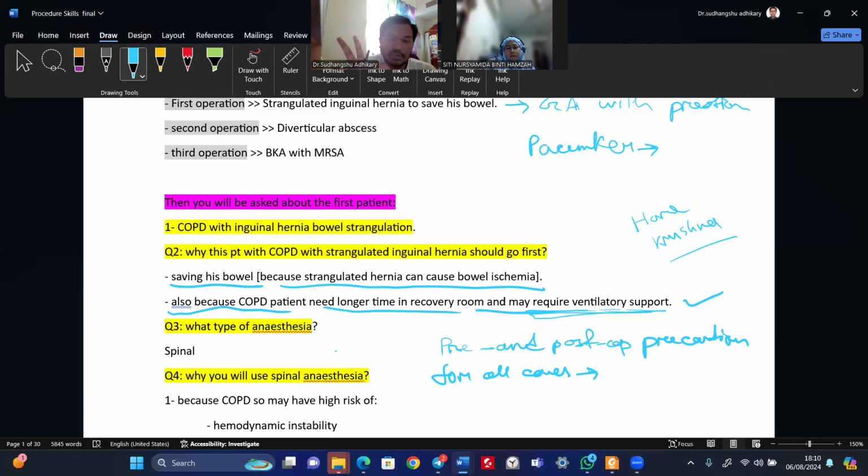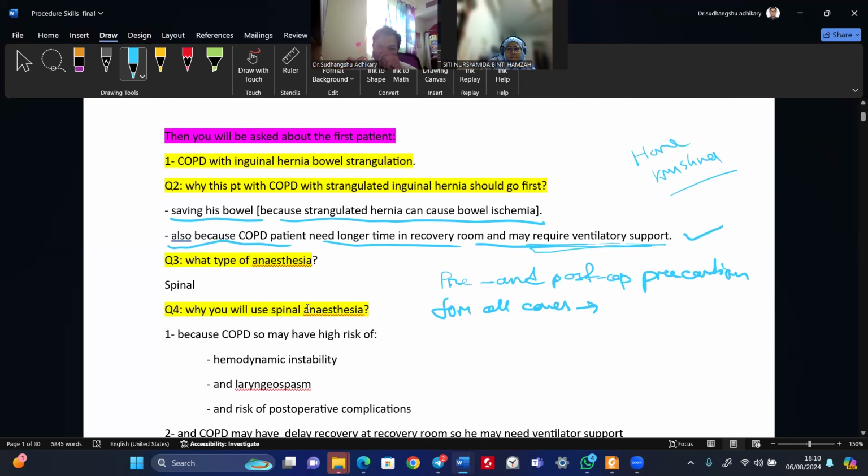So mainly two things: first, to save his bowel because it is an urgent case, as the strangulated hernia bowel may proceed to ischemia. And second, this is a COPD patient, so the patient might need prolonged recovery time and also may need ventilatory support.